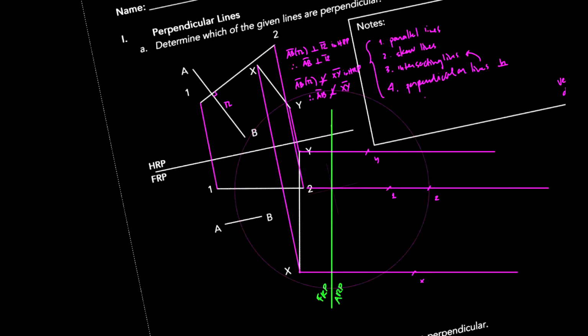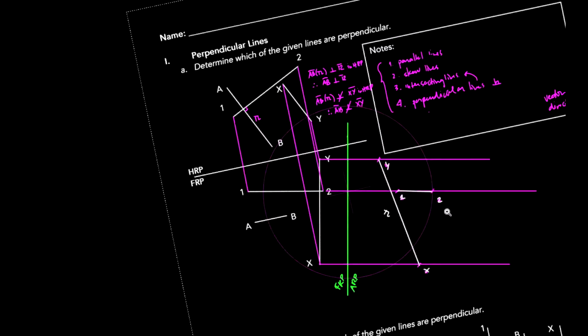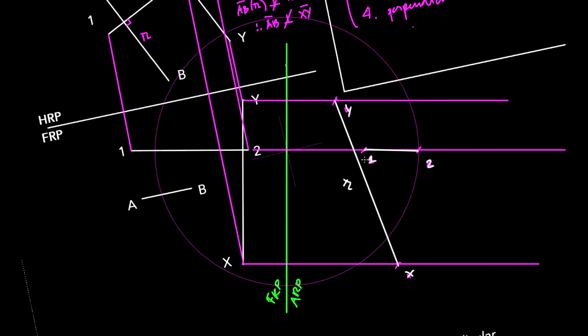So, if we finalize, and XY and 1, 2, you'll notice that XY is in true length, but it does not appear as perpendicular.